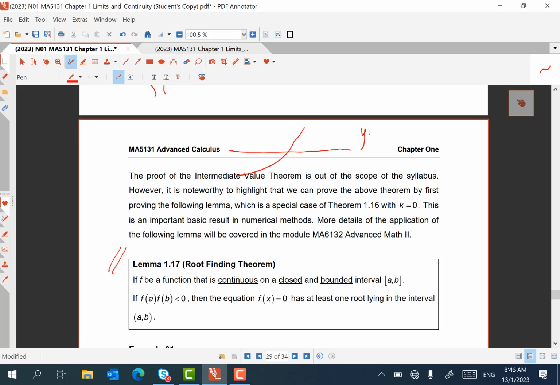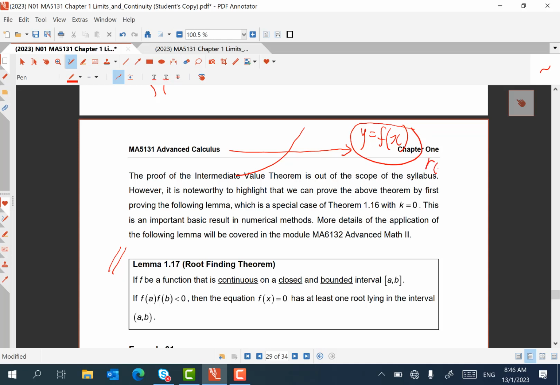Say y equals f(x). Some of you learned it, is it? Where did you learn it, in physics or in math? Physics, yeah. Olympiad students.